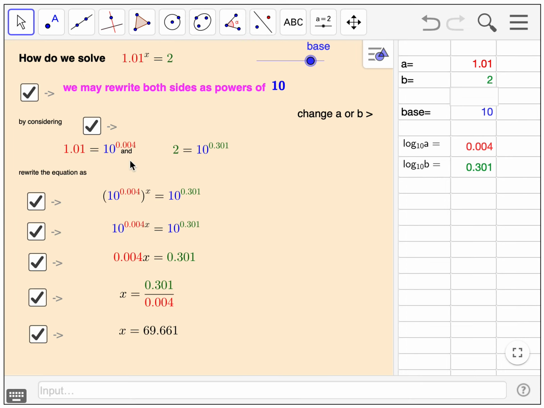No matter how small the value is, just like in this case where you're increasing something by 1% each day, after about 70 days the total will be double the original value. So that is the meaning of most of the exponential equations that you may come across.